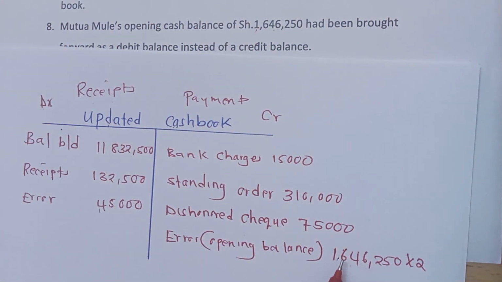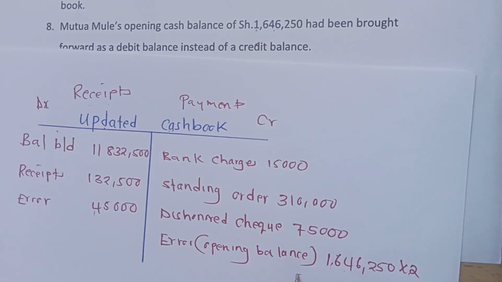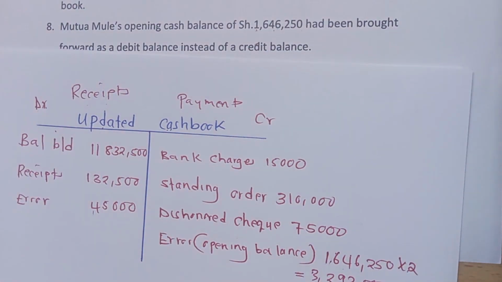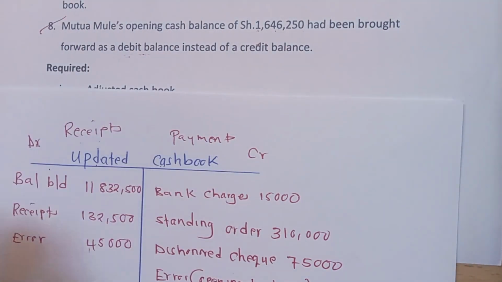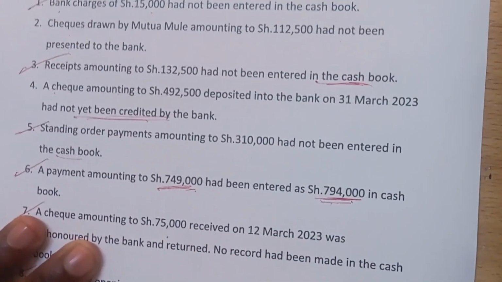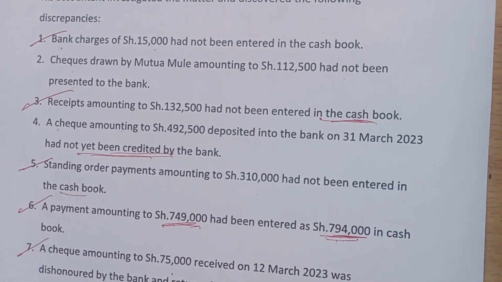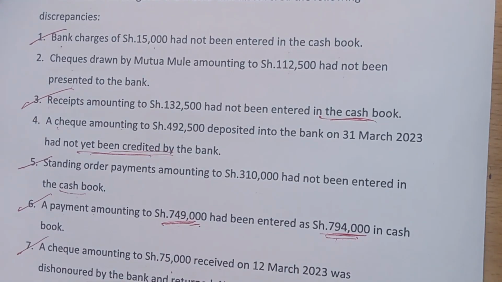So 1,646,250 multiplied by 2 gives you 3,292,500 shillings.